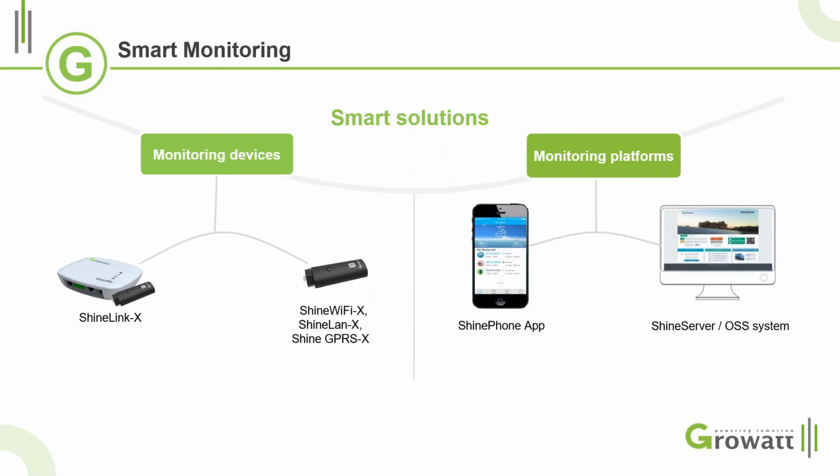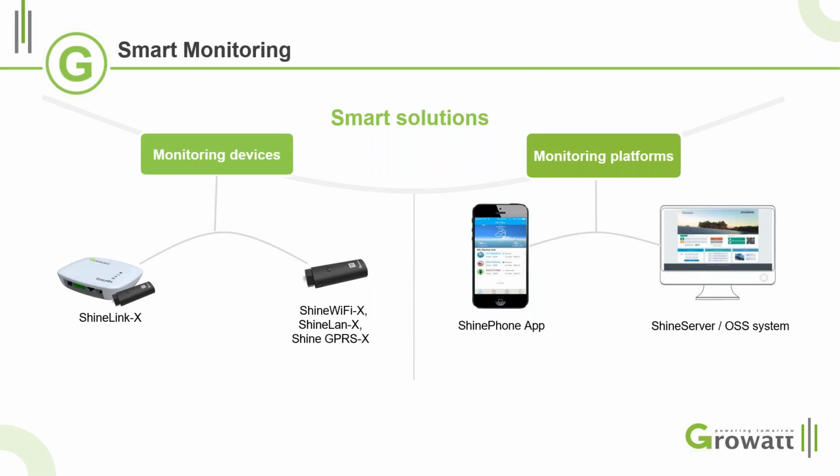Here again, what smart solutions are. We have different monitoring devices depending on which use case you have. Shine Link X is a little router where you can just connect one data logger directly. So for example, if you don't like Wi-Fi, you can use this one.